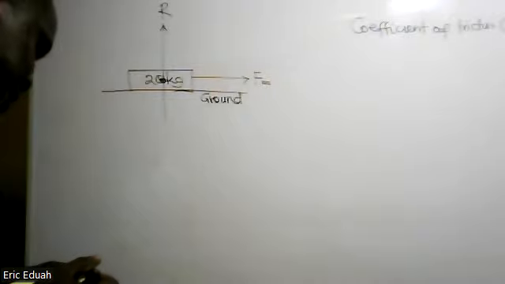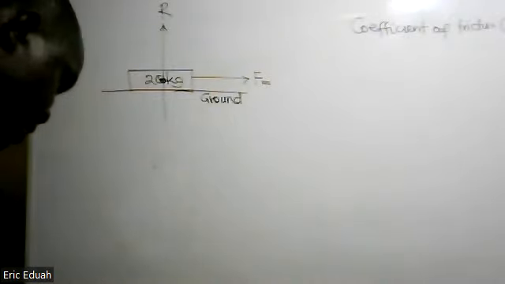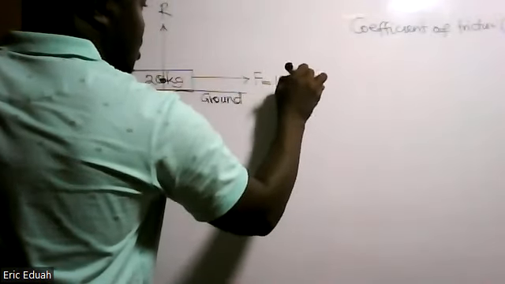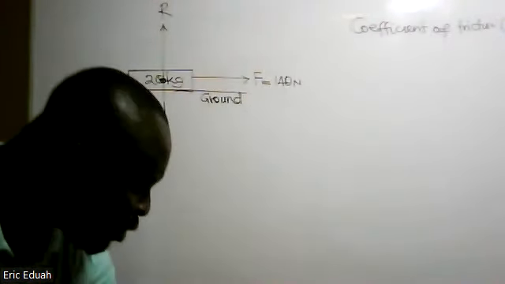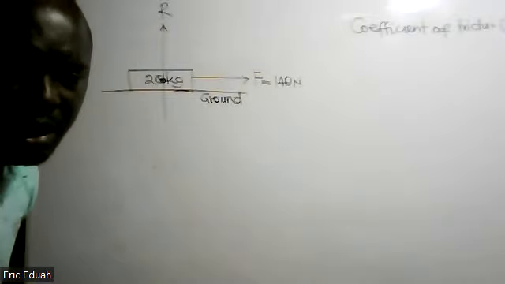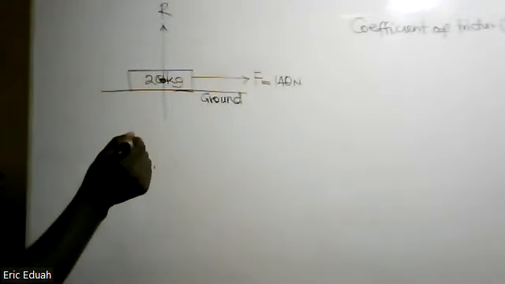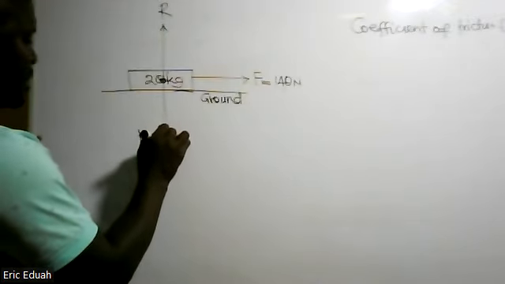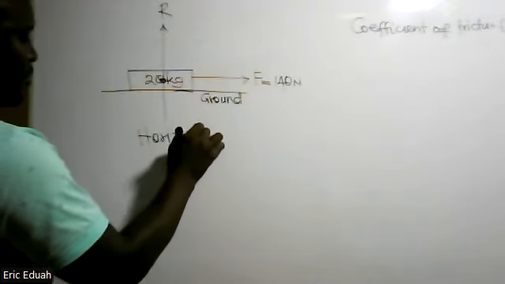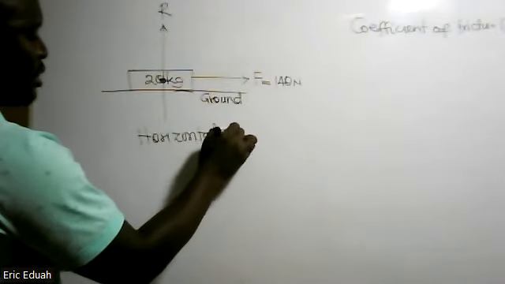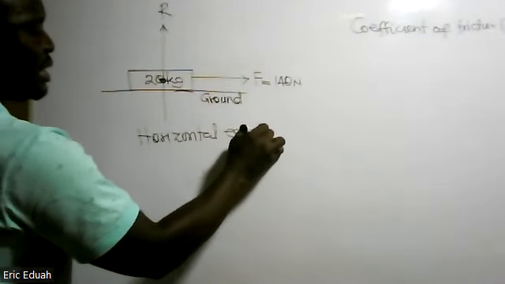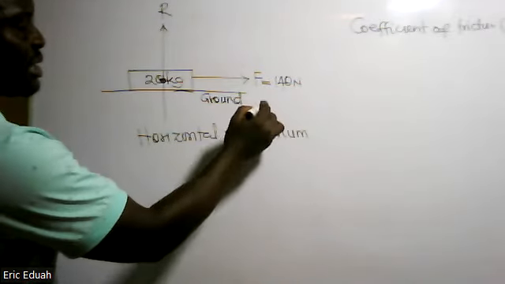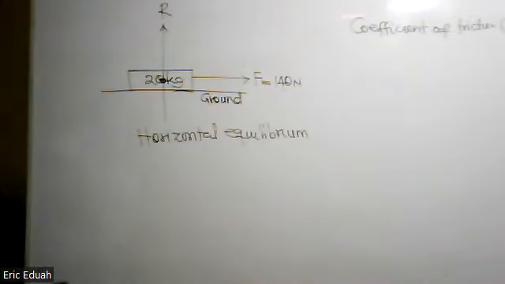So I was asking, how do we calculate the coefficient of friction? Now, when we look at the horizontal analysis of the body, the body is in equilibrium because it is moving with a constant velocity.